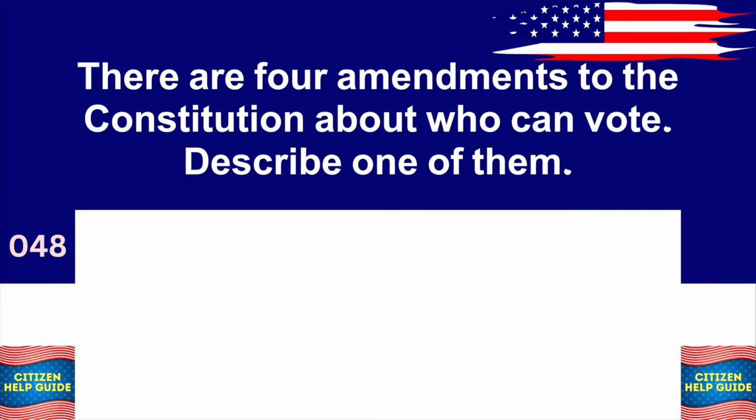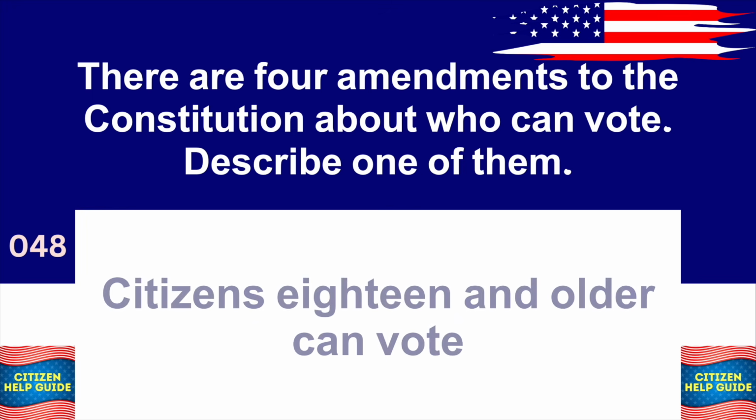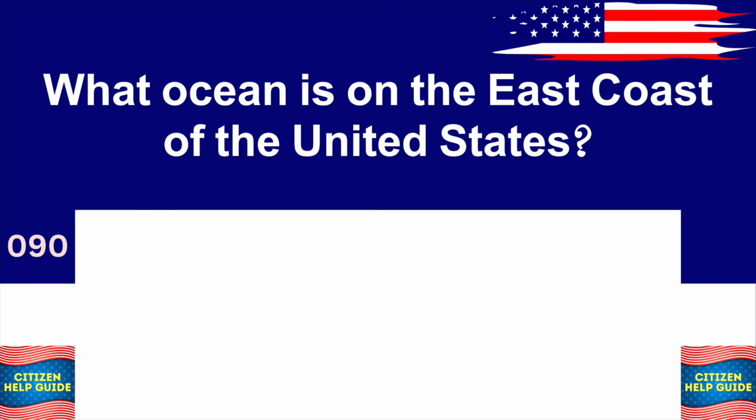There are 4 amendments to the Constitution about who can vote. Describe one of them. Citizens 18 and older can vote. What ocean is on the east coast of the United States?